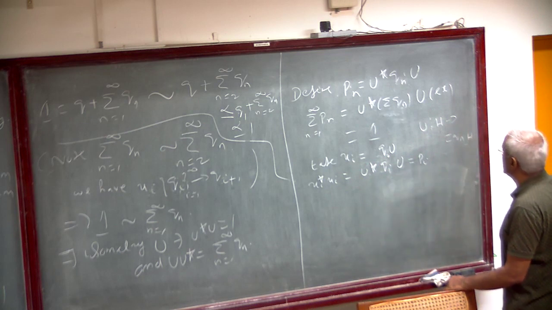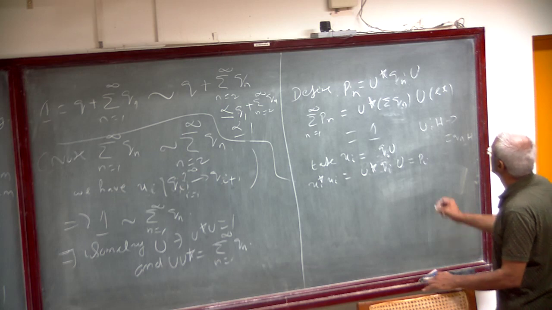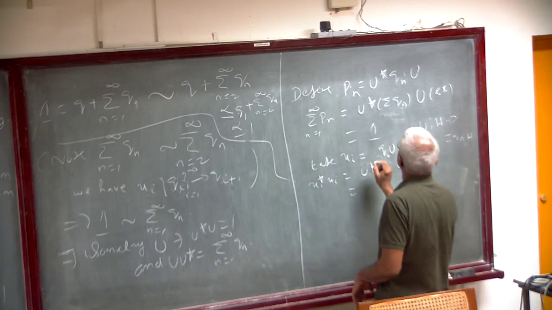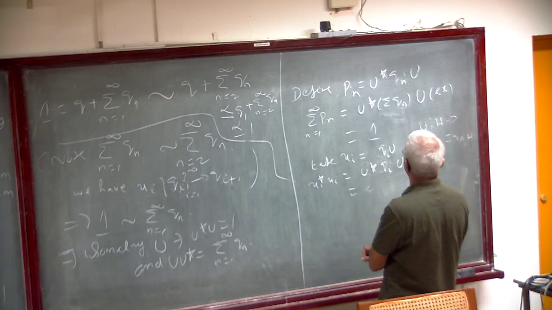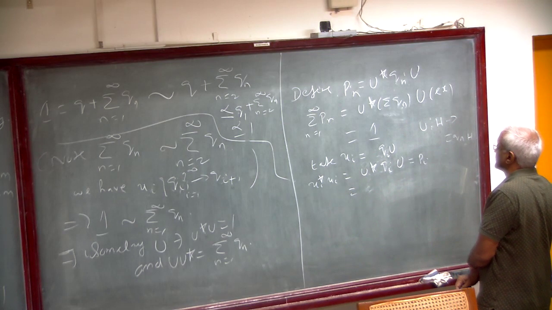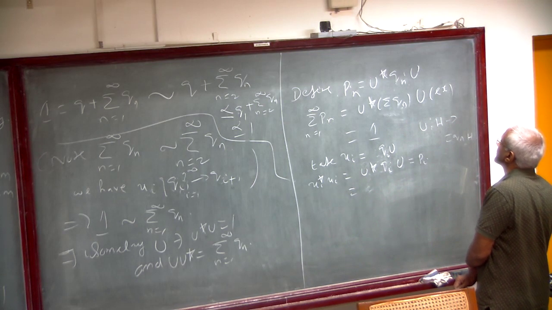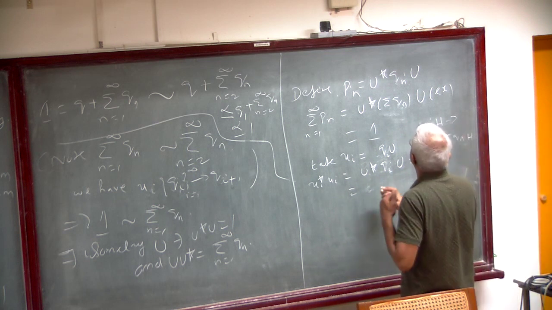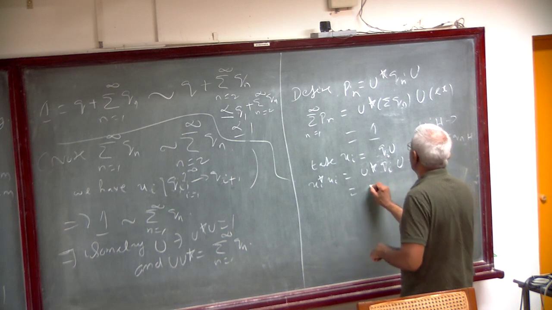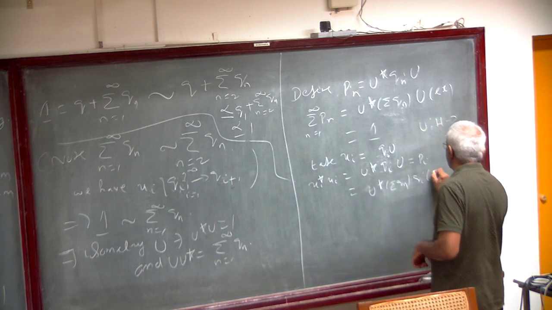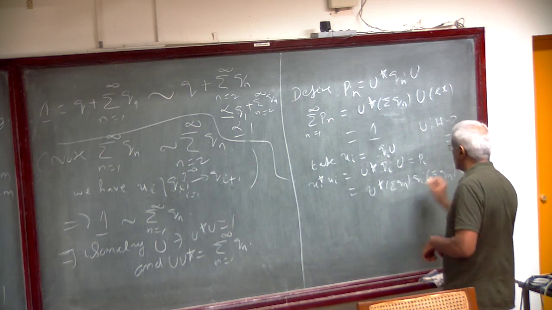This is equal to Pn, that's what I want to write. Qi, that's right. U star Qi, this is equal to U star, and you can just insert a summation Qn if you want: U star summation Qn, Qi, summation Qn, Qi, U.